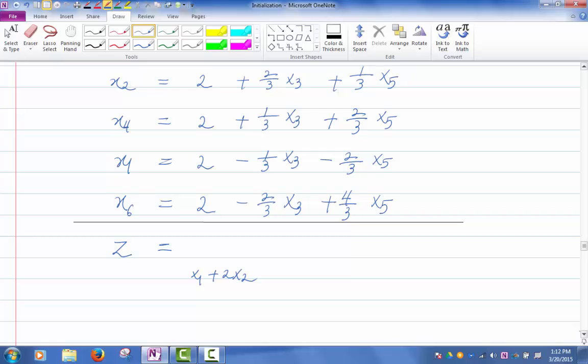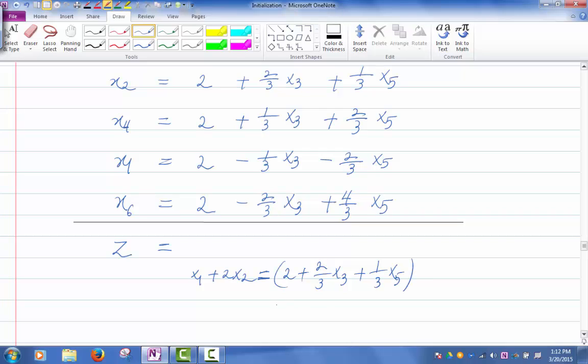So from the x1 and x2 rows, I can read off the values of x1 and x2 in terms of the non-basic variables. So what is x1 in the dictionary? x1 is given by the first row, right? This is 2 plus 2/3 x3 plus 1/3 x5.